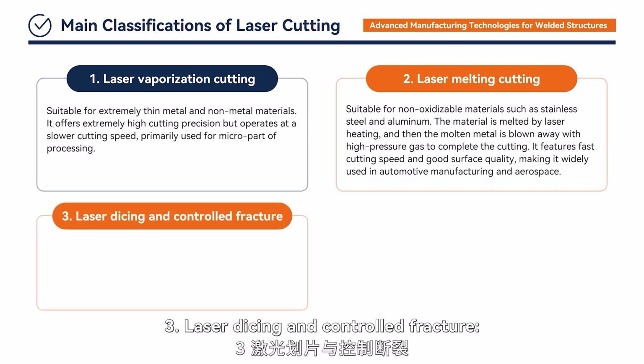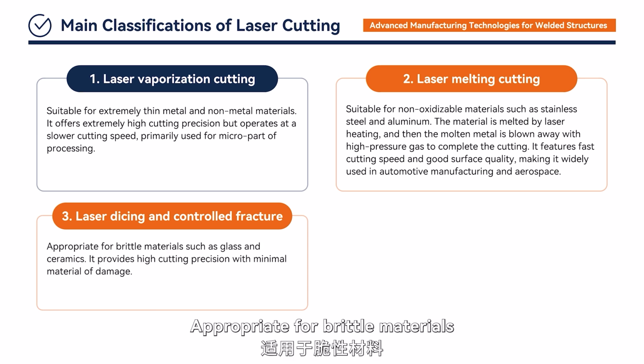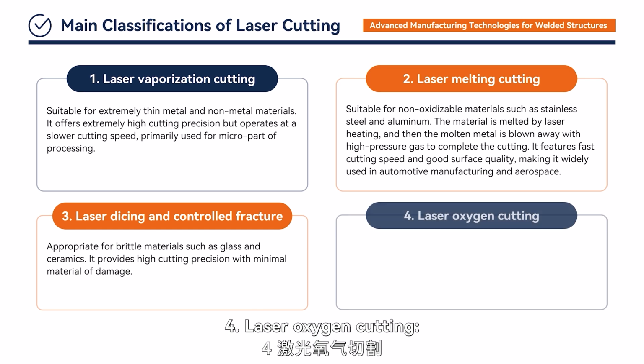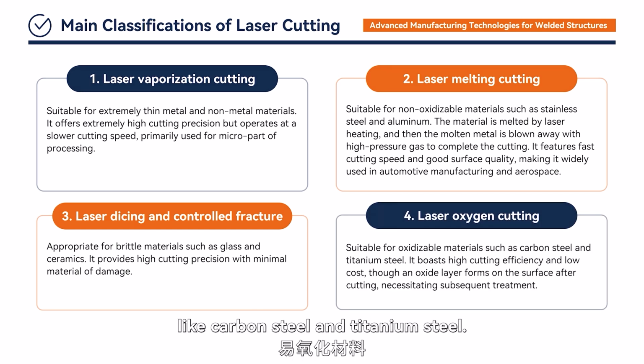3. Laser dicing and controlled fracture, appropriate for brittle materials such as glass and ceramics. It provides high cutting precision with minimal material damage. 4. Laser oxygen cutting, suitable for oxidizable materials like carbon steel and titanium steel.